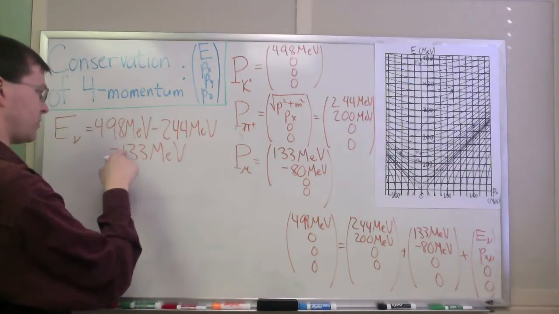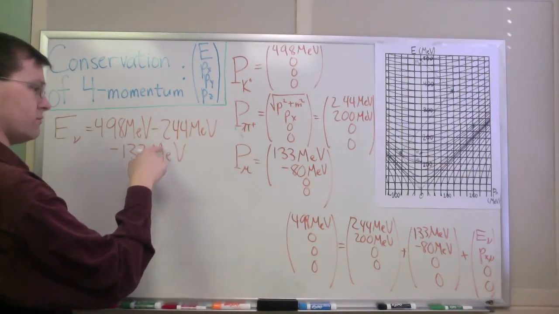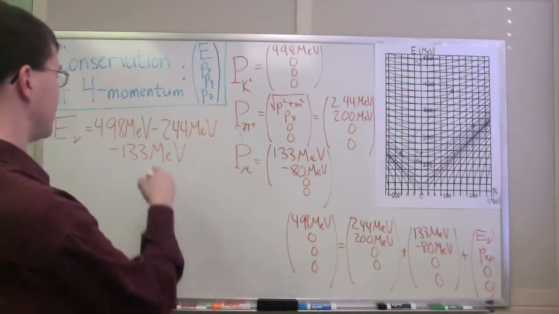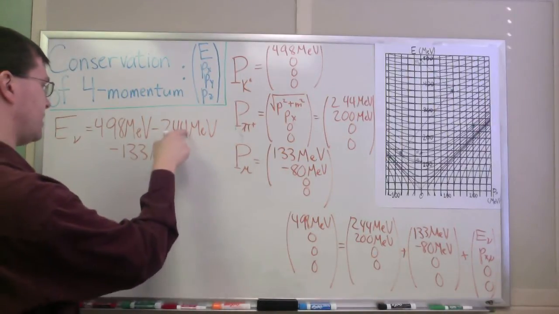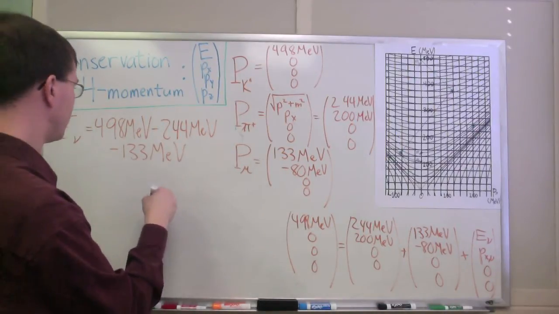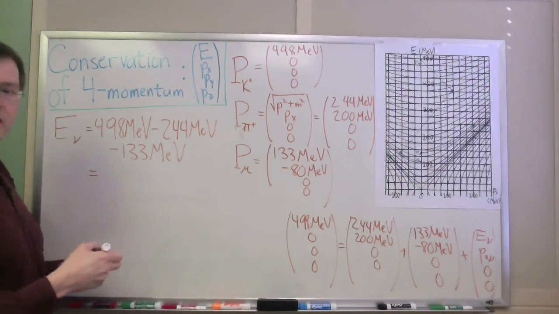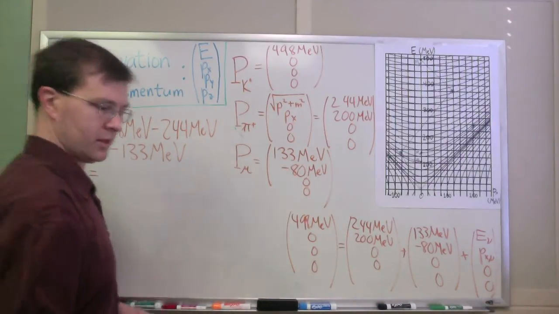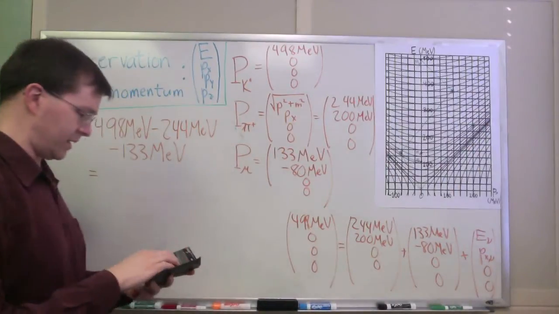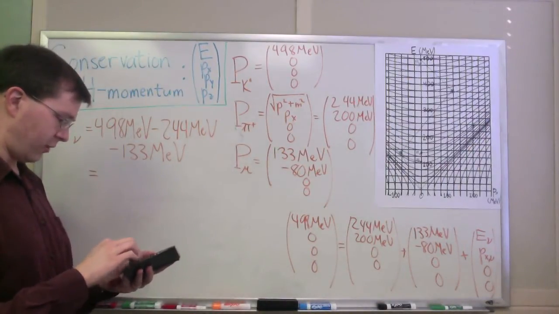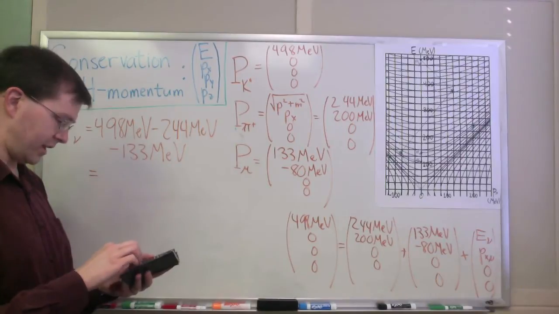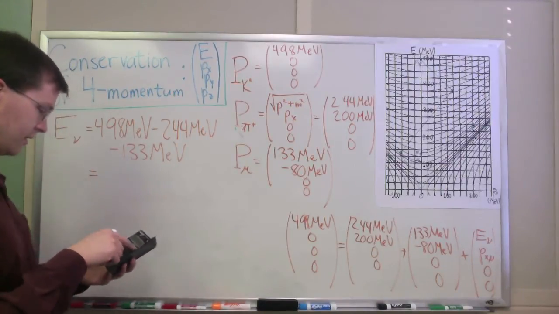Adding these together is 133, really? Yes, this is 379. So that is 498 minus 379. Well, I can do it easily enough, but I'll embarrass myself. 498 minus 379 is 119.